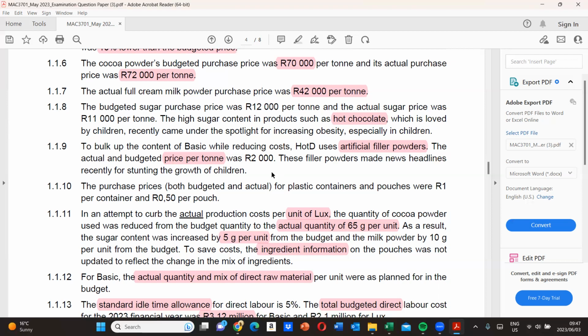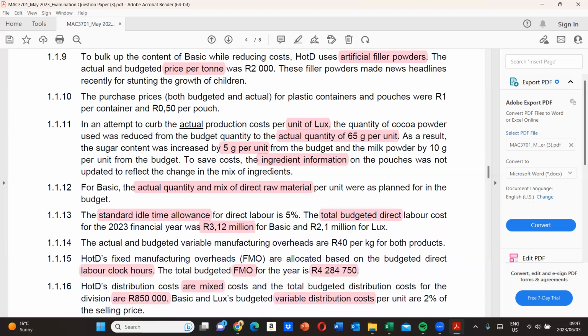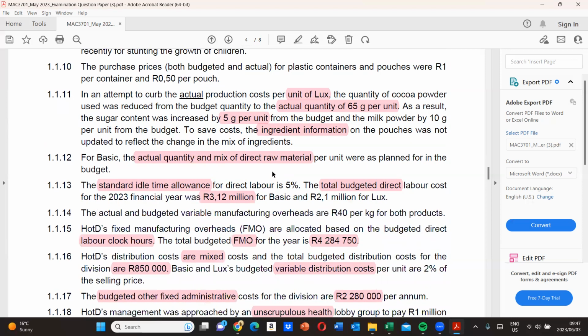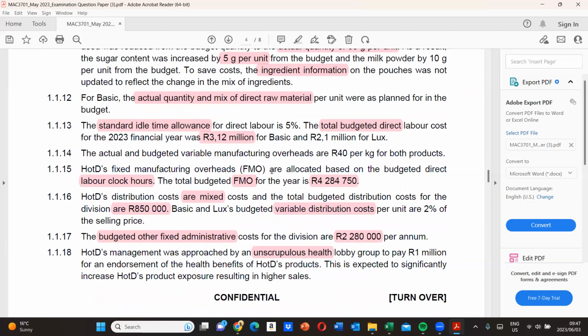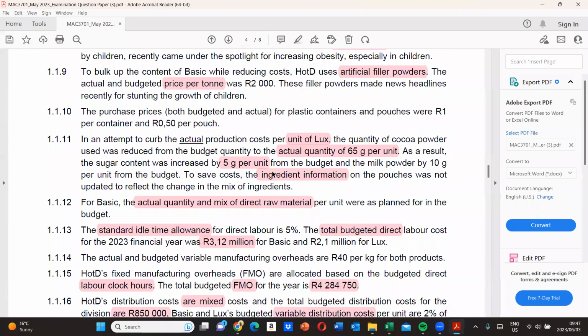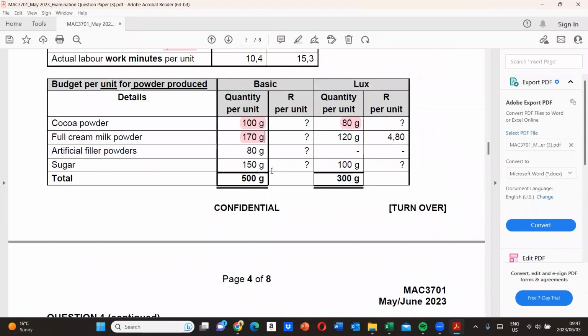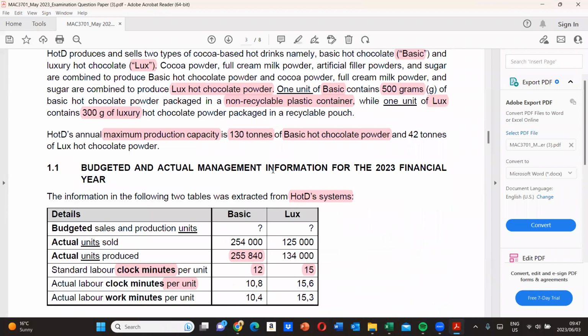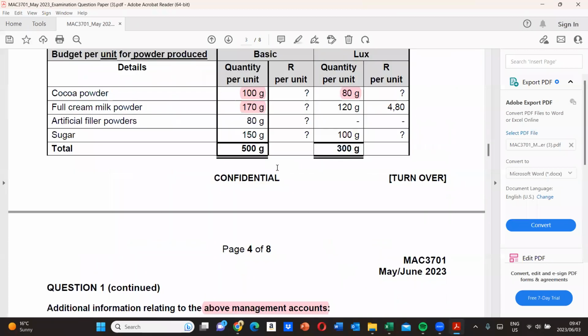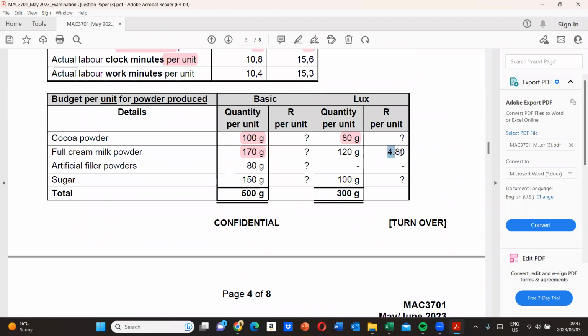Do we have any price of full cream milk powder somewhere? We don't. Oh, we only have it for lax.